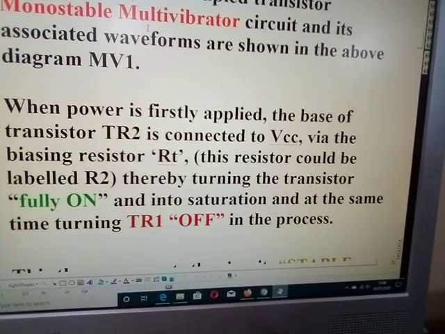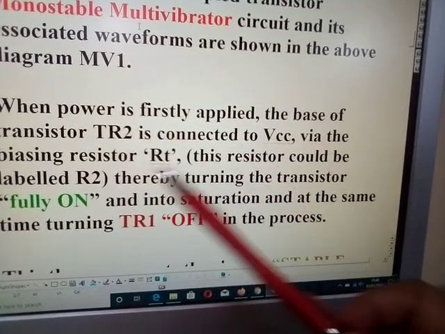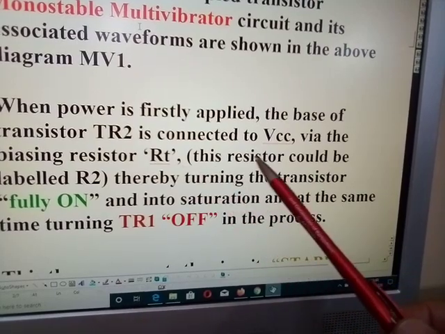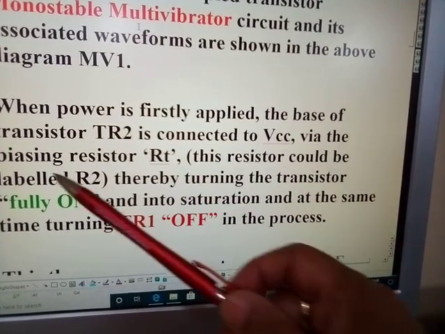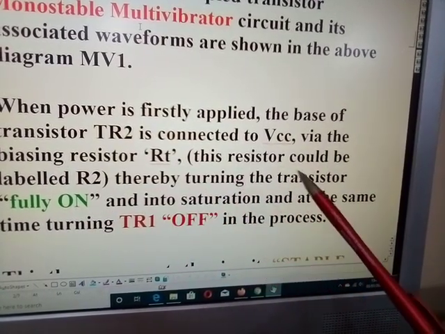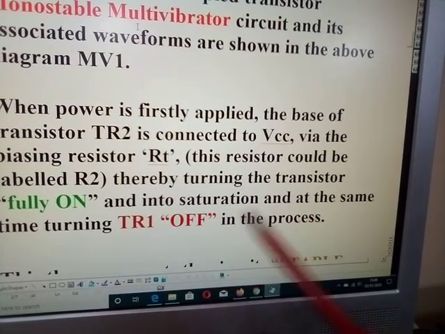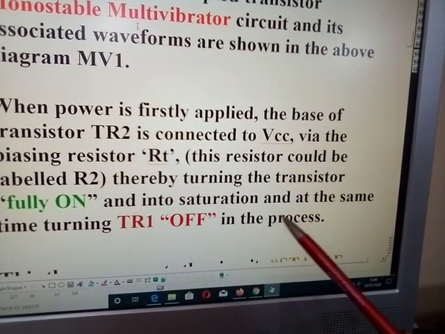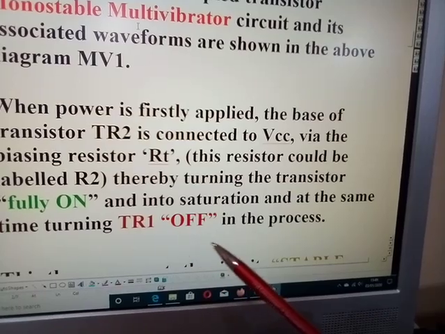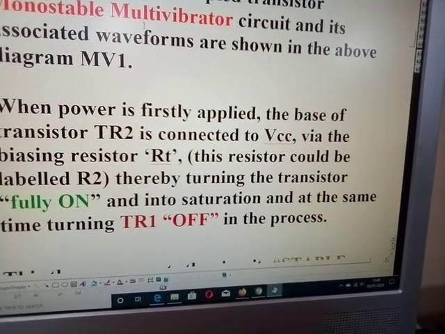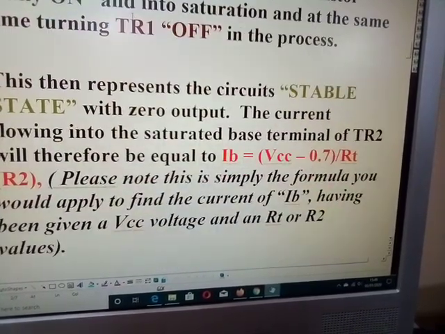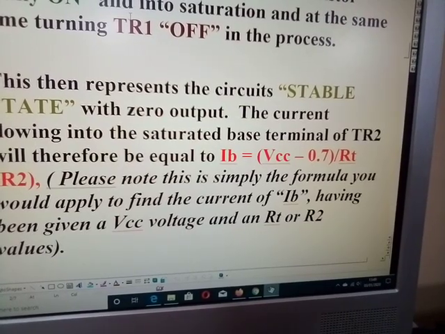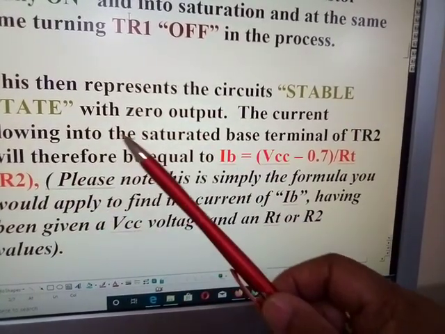So again, when power is firstly applied, the base of transistor TR2 is connected to VCC via the biasing resistor RT, thereby turning the transistor fully on and into saturation, and at the same time turning TR1 off in the process. This then represents the circuit's stable state with zero output.